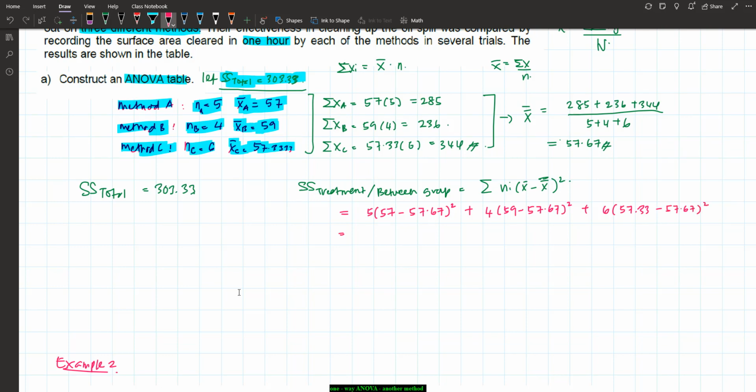So this will lead us to 10.0003. So we take 2 decimal points, 10.00.